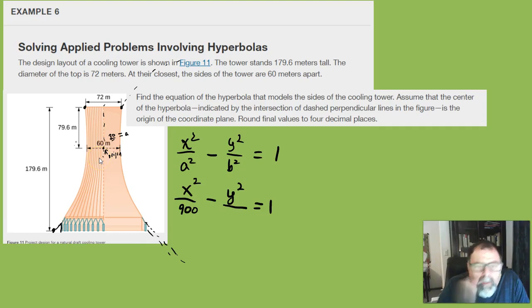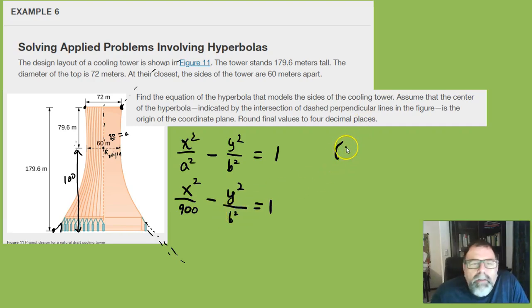So from here to the ground is 100 meters, and this is 79.6. So this point right here is 79.6. So we're going to plug that into our equation to figure out what b is.